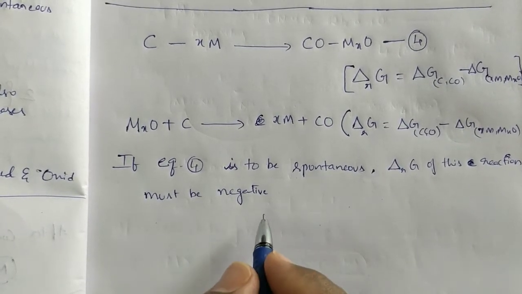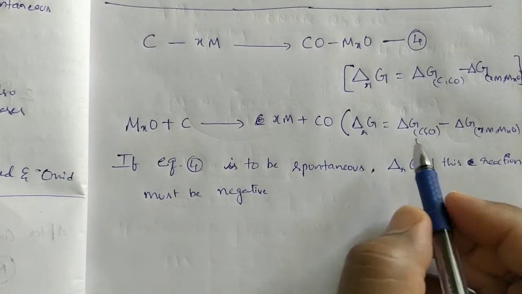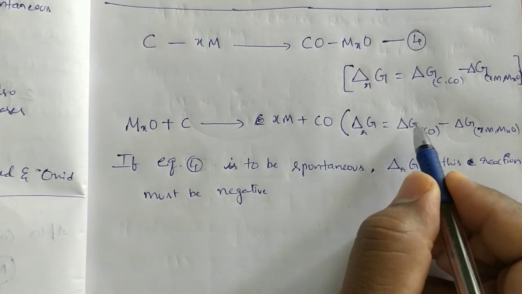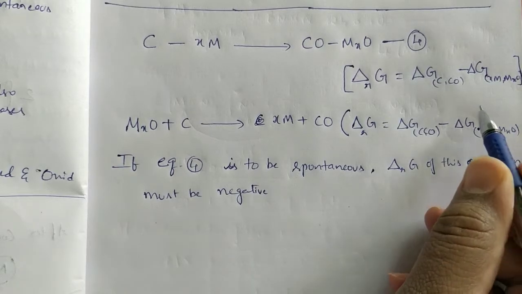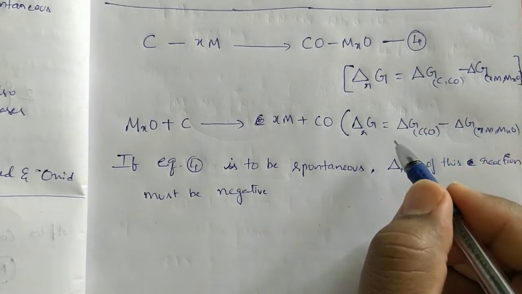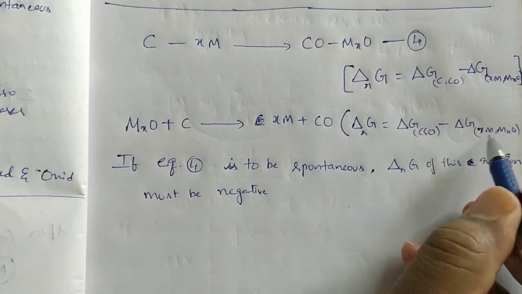Then at what condition will this value be negative? Observe. Delta Rg is equal to delta G of C comma CO minus delta G of XM comma MXO. Is it right?